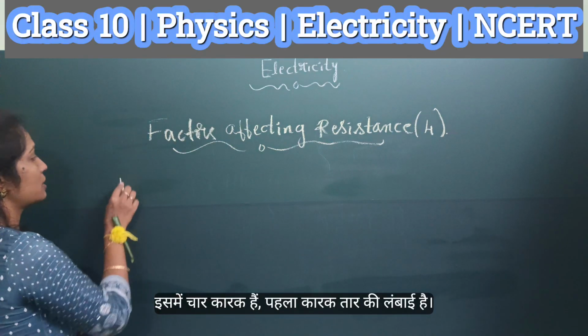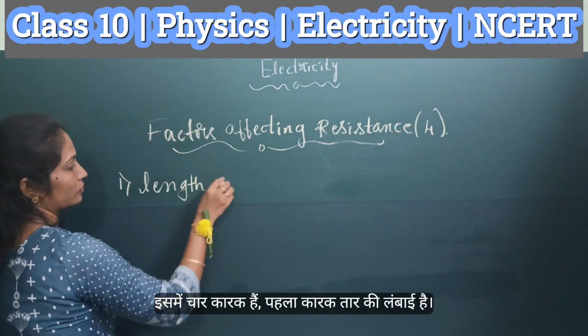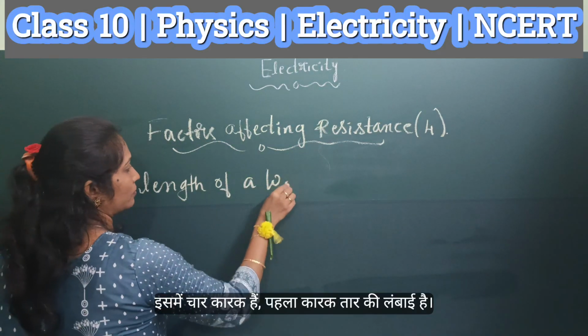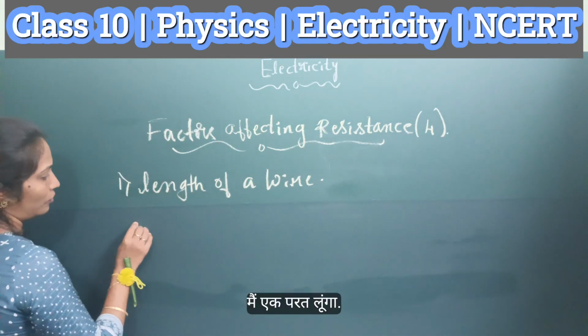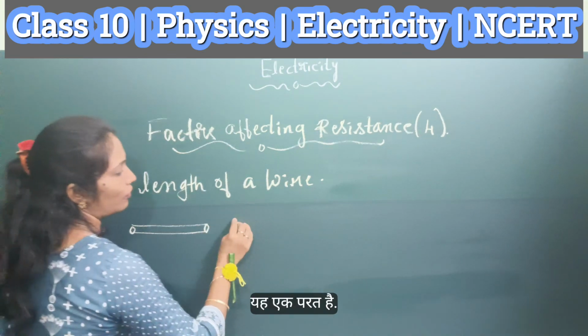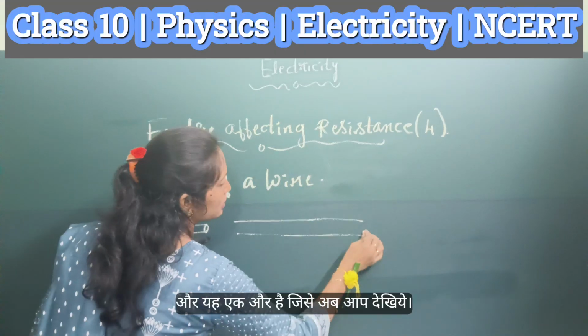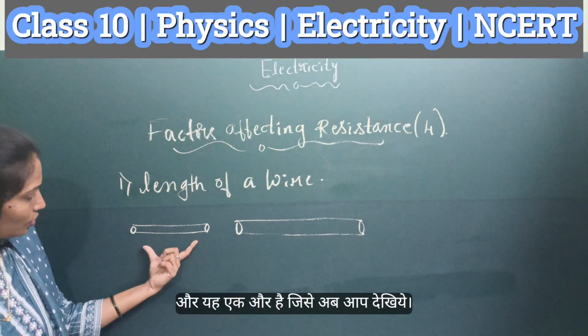The first one is length of a wire. I'll take one. This is one wire and this one is another wire. Now just look out.